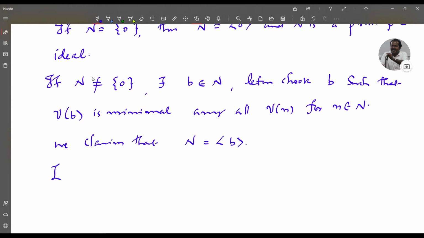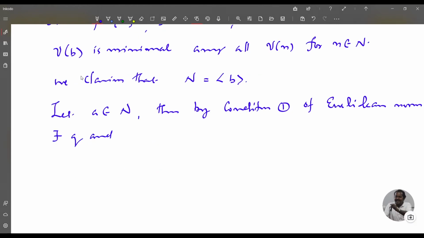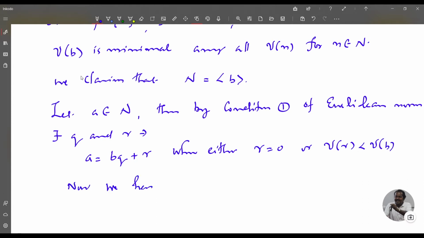Let A be an element in N. Then by condition 1 of the Euclidean norm, there exist Q and R such that A is equal to BQ plus R, where either R equal to 0 or nu of R is less than nu of B. Now A is equal to BQ plus R, so R equals A minus BQ, and this belongs to N since A and B belong to N and N is an ideal.